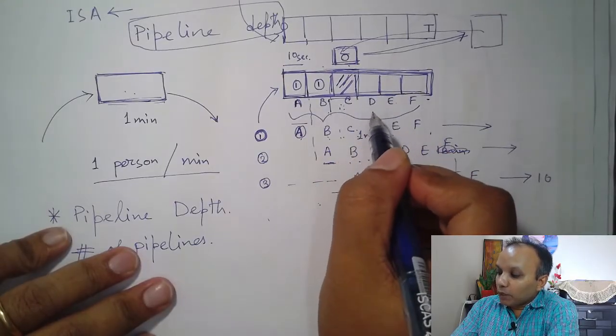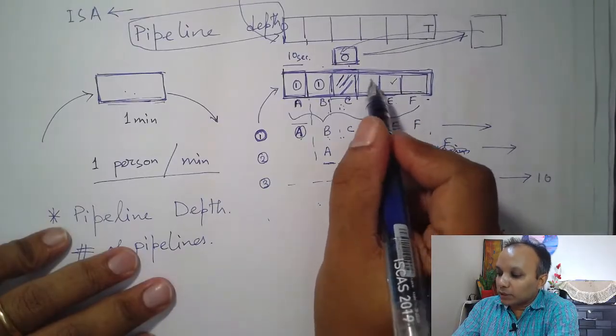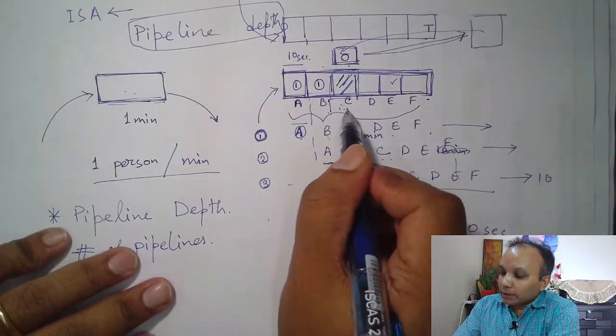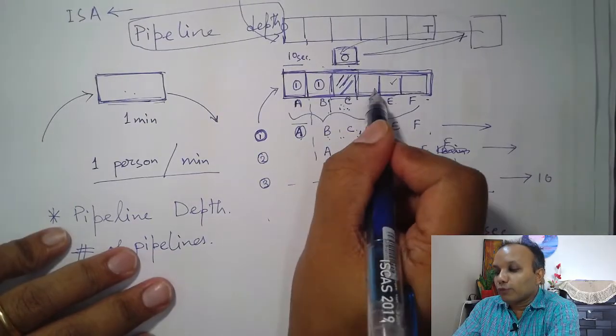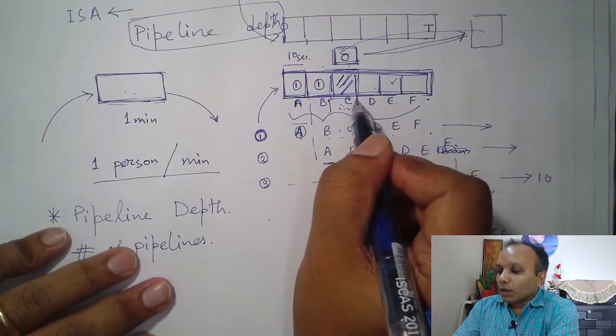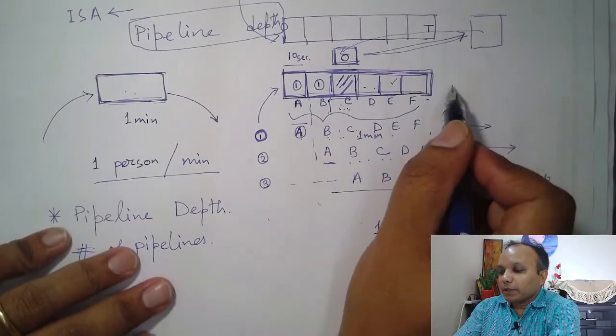The guy who is in this stage will move to the next stage after 10 seconds. So this stage is empty now, but since this guy has not got his roti, he will be waiting here and will not move forward. So your pipeline will basically not be efficiently implemented.